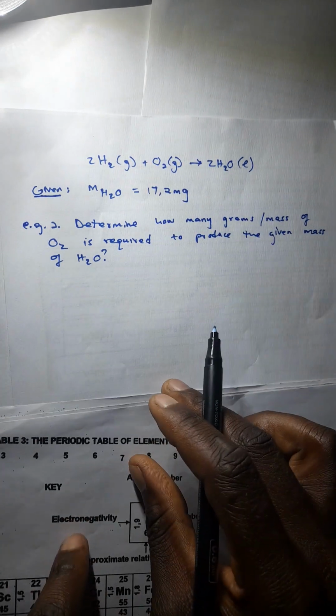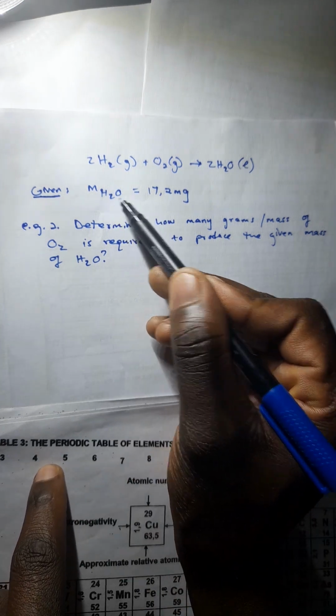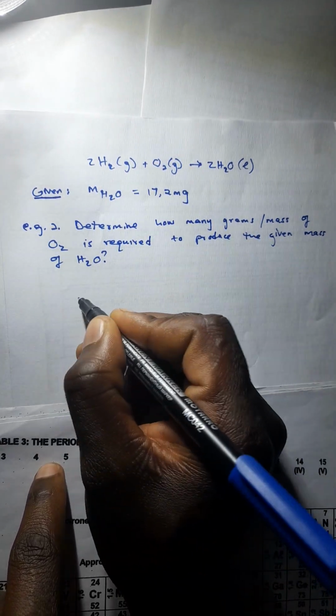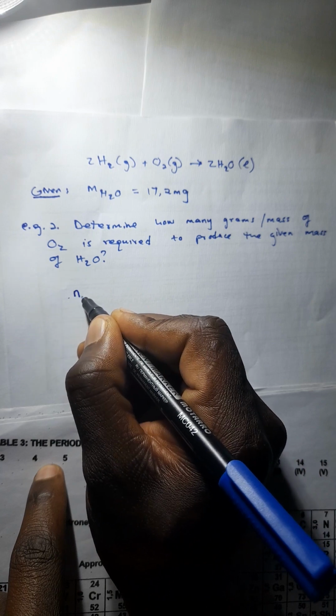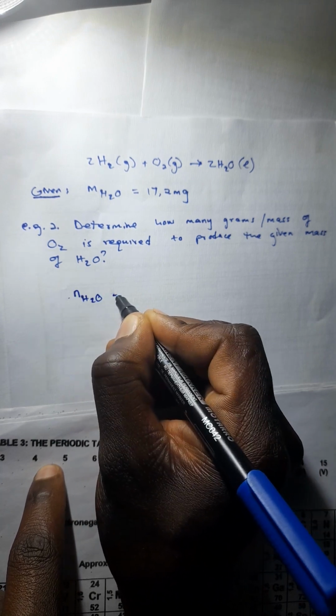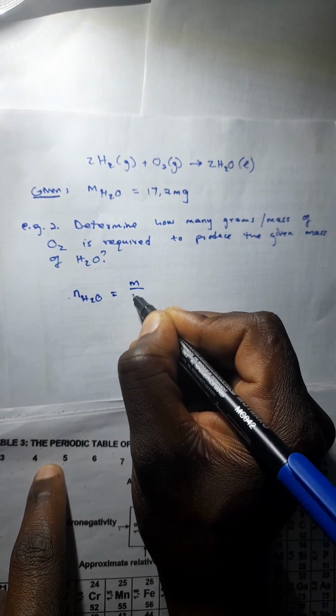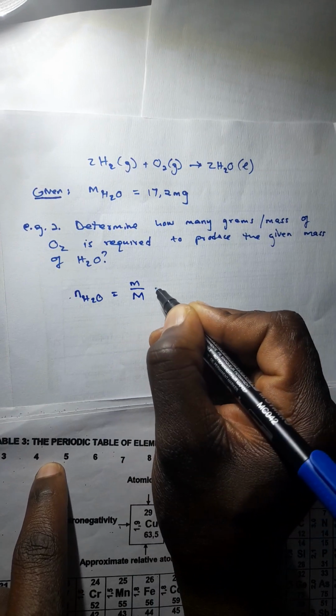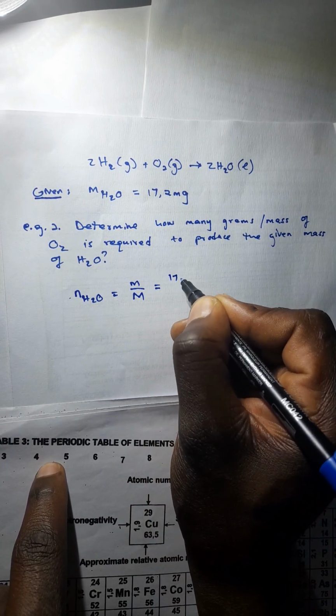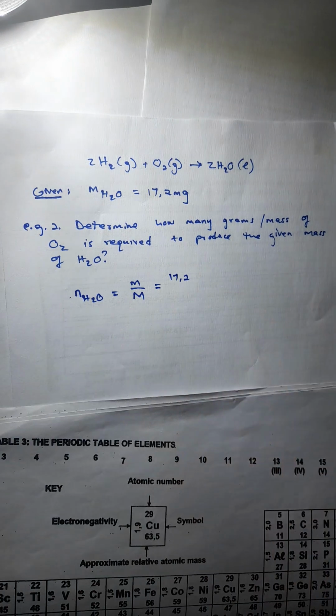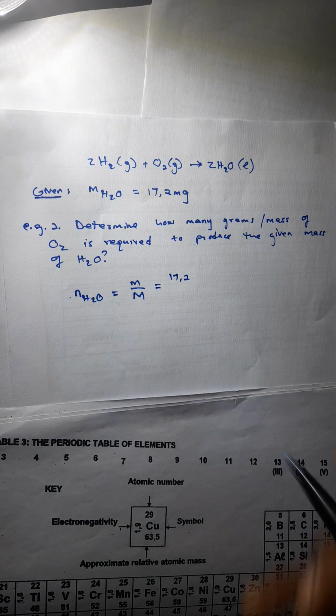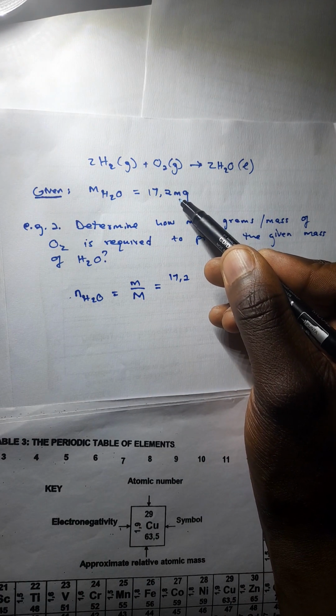Remember that. What are we given? Mass of water. Now we are going to look for the number of moles of water, which will be mass over molar mass. Remember the capital M. What is the mass? It's 17.2. Now here you know milli means divide by 1,000.